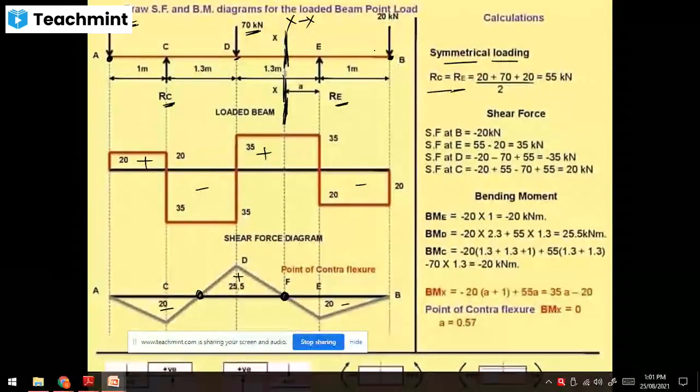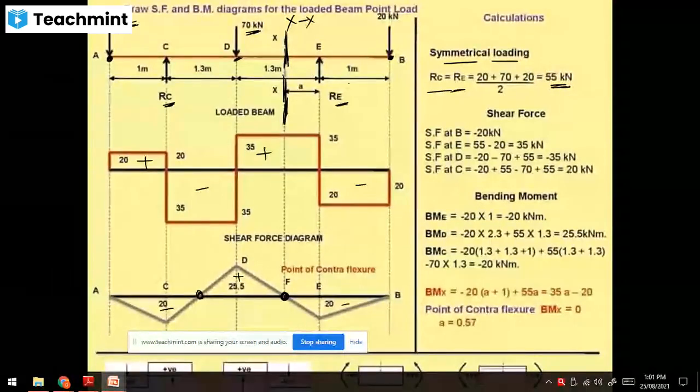The total load is symmetrical, 1 meter left and right, and the span is 2.6 meter. The 70 kilonewton load is applied at a distance of 1.3 meter from both supports. So RC is equal to RE is equal to 20 plus 70 plus 20 divided by 2, which is 55 kilonewton. You can check, or find it by using the equations of equilibrium also.